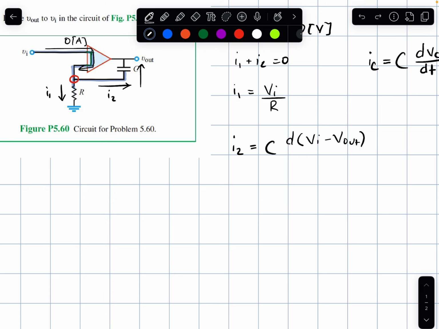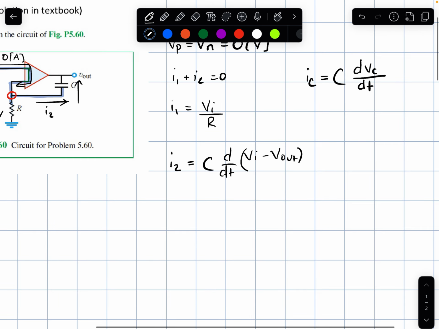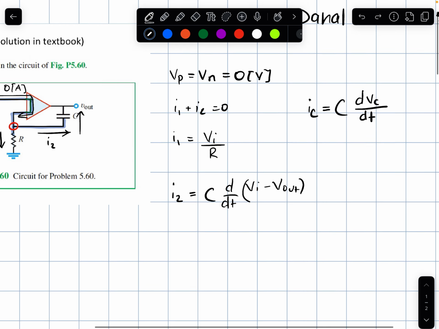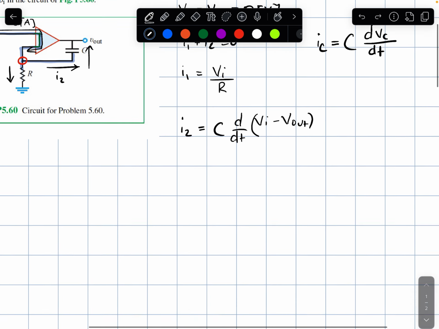Actually, I should write it like this: d over dt times this. Okay, well, it shouldn't matter. So we have the two currents defined. Now we can just plug it into this equation.